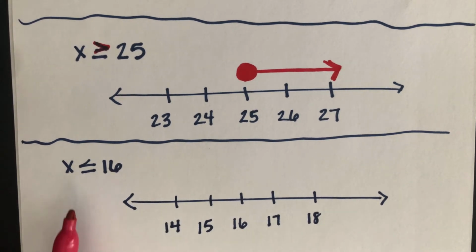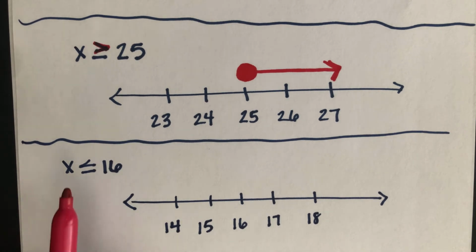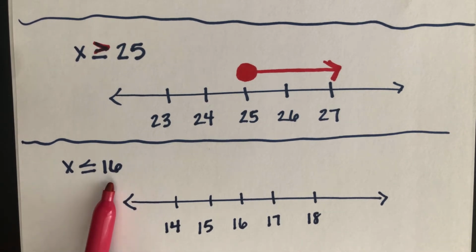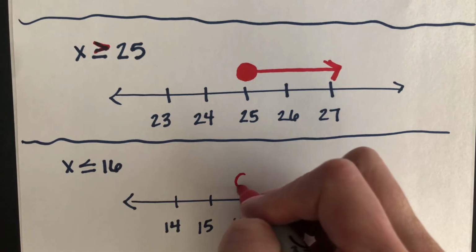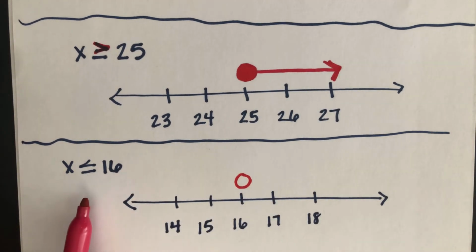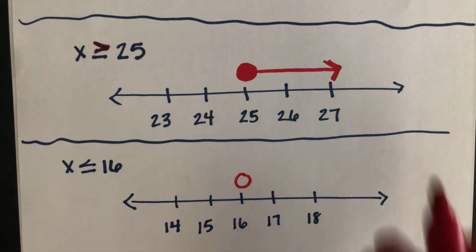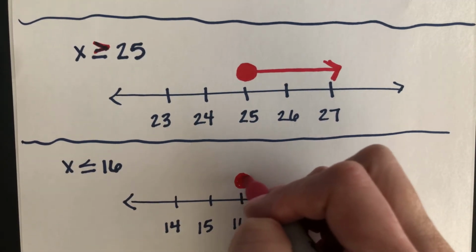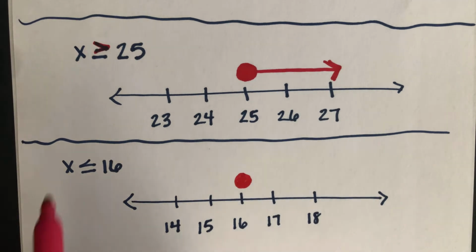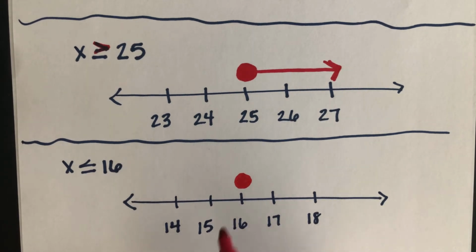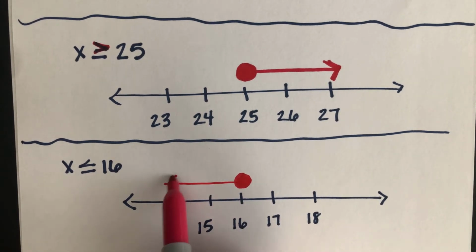X is less than or equal to 16. So I'm going to start out with putting my circle on 16. It's less than or equal to, so since it's or equal to, that means 16 is included in my solution, so 16 would work. And X is less than means I'm getting smaller, so I go to the left.